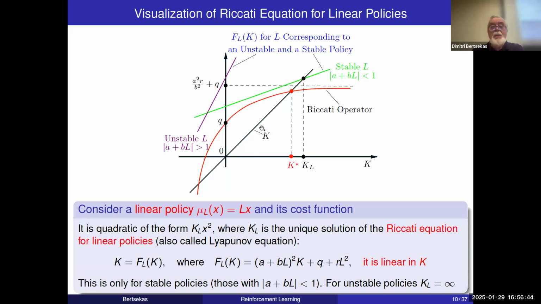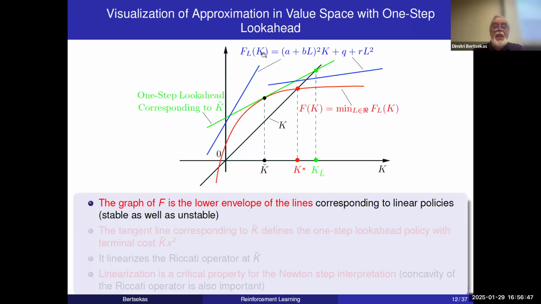And what's happening is, if you select the policy properly, you get those that are tangent to this red curve. So you can show in a simple calculation that you can find in your book that the red graph is the lower envelope of the lines corresponding to the linear policies, stable and unstable. In other words, if you draw all these lines corresponding to all the possible policies and look at lines underneath, you get this red graph, okay?